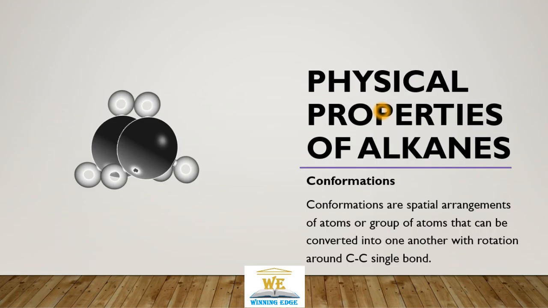Now let's talk about conformation. Conformation is the spatial arrangement of atoms or a group of atoms that can be converted into one another with rotation around a carbon-carbon single bond.